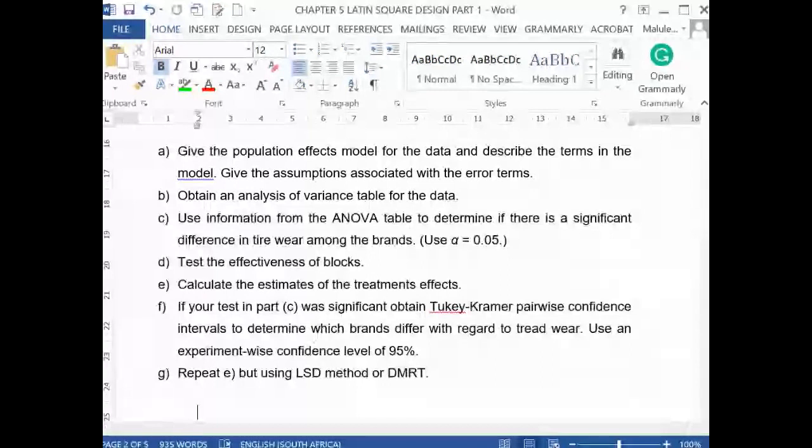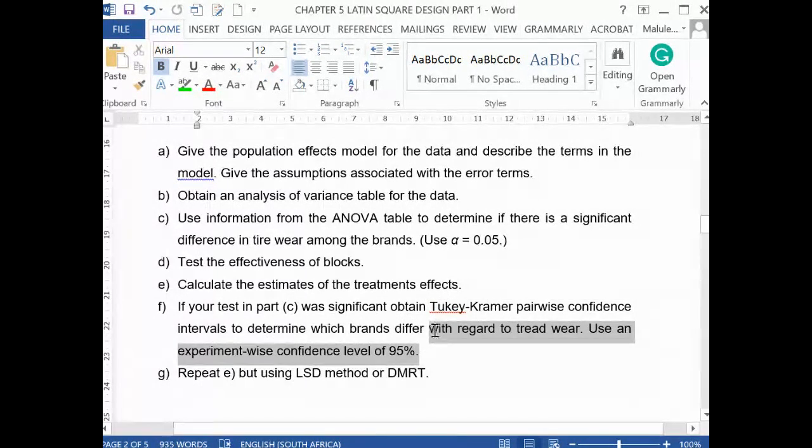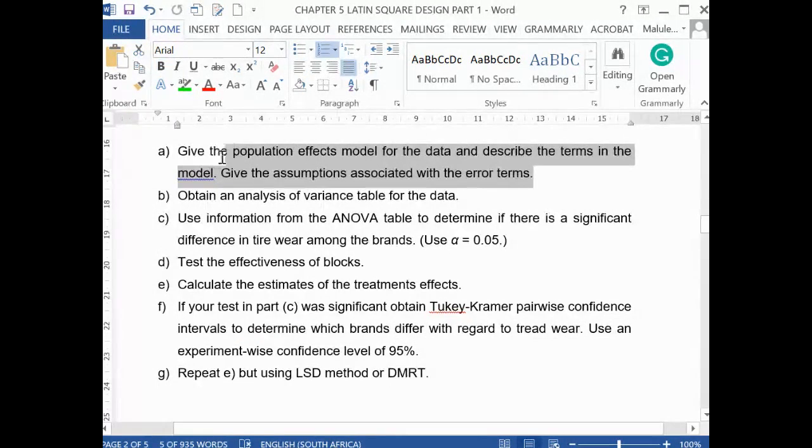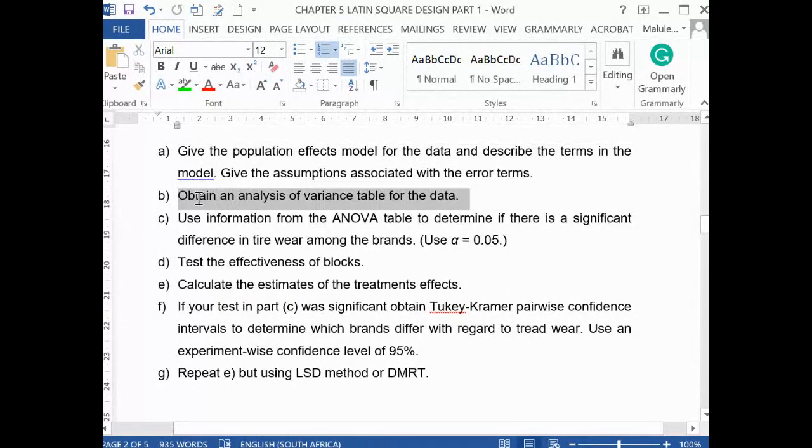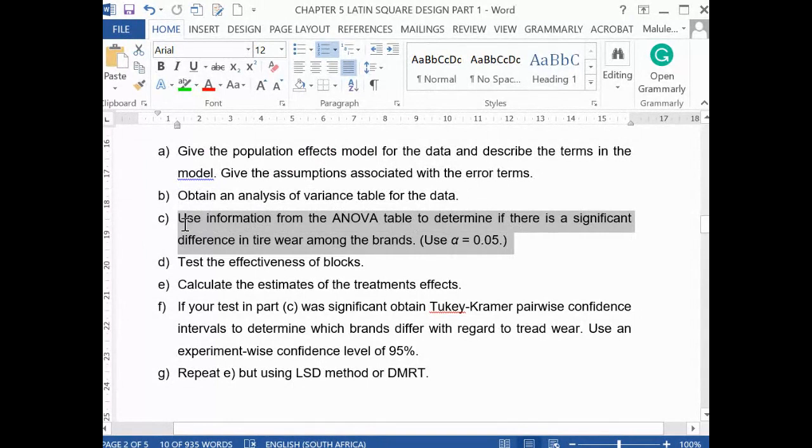I forgot to talk about the confidence intervals. If you check, you managed to write the model, you managed to construct an ANOVA, you managed to test the effectiveness of blocks.